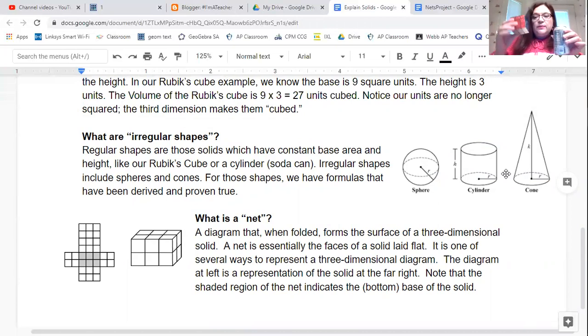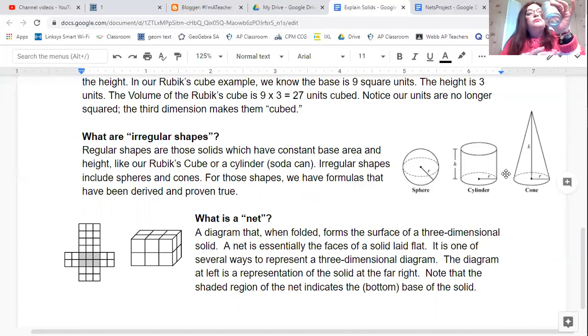So our Rubik's Cube, the base and the top are the same. So we can just say all the way up, everything's the same. We take the area of the base, we go straight up, it's the same area on top, so we just multiply by the height.